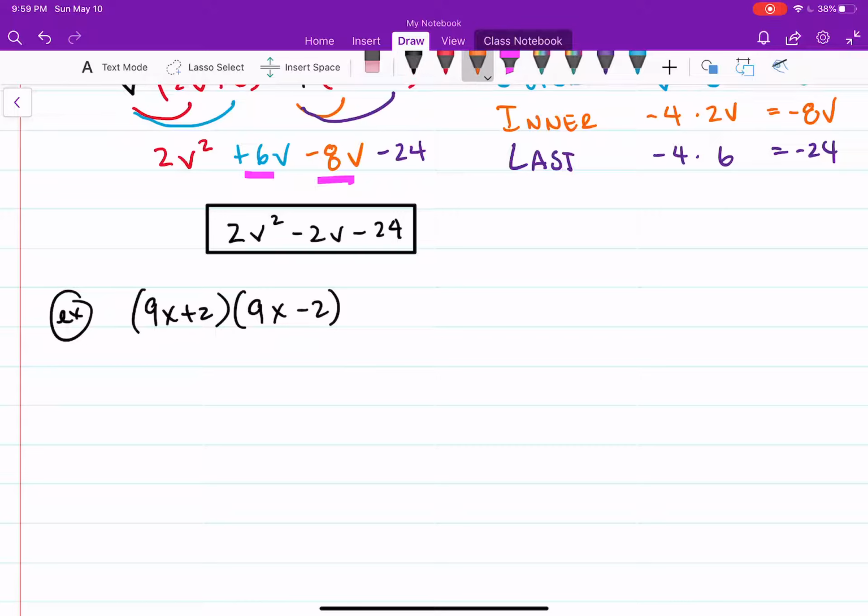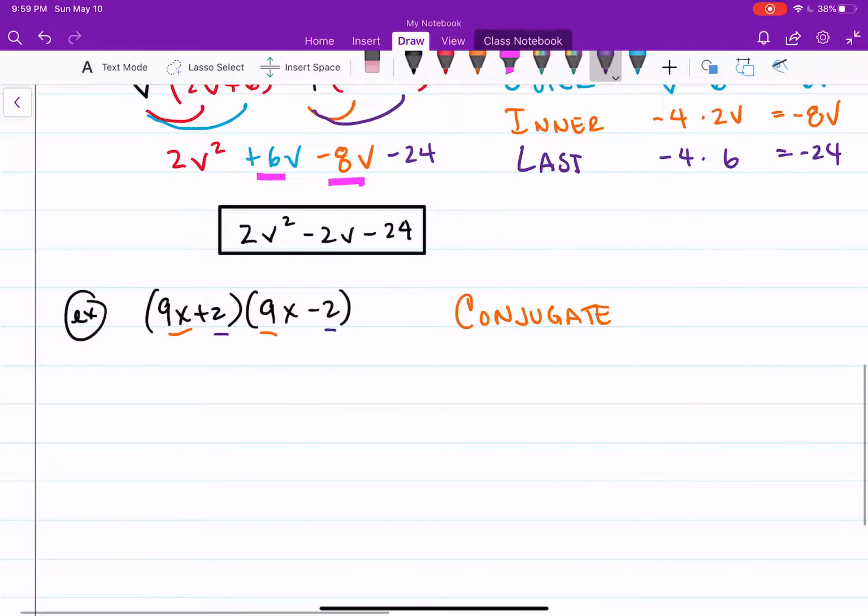The special name for this is called the conjugate, okay? The conjugate, if you notice, has the same terms, but one is subtraction, one is addition. So they're both 9x and 9x, 2 and 2. One's just addition and one is subtraction.